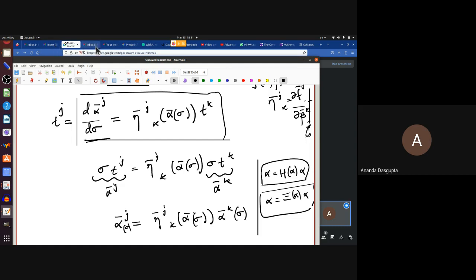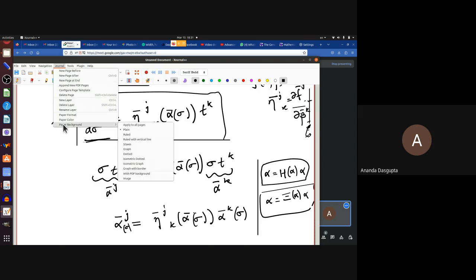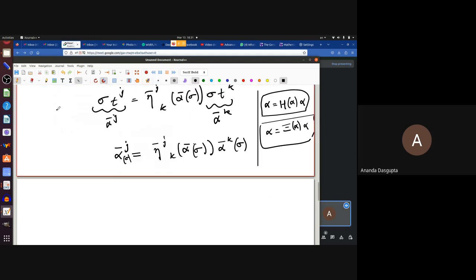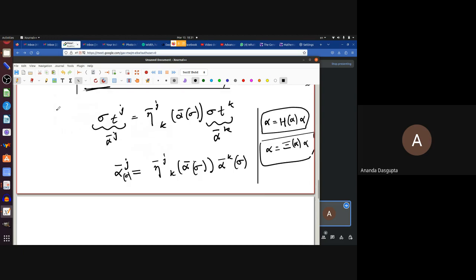Now, why is this such an important thing? We actually said that we are going to try to reconstruct the group from the structure constants, remember? That was what the aim was. We will be given the structure constants, and from that we will reconstruct the group, meaning we will find out the functions F ultimately. But as a stepping stone to that, we will find out the functions, etas and xis.